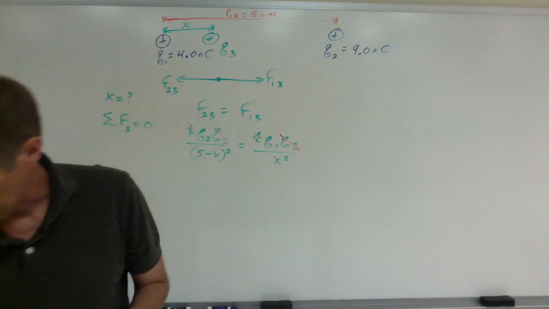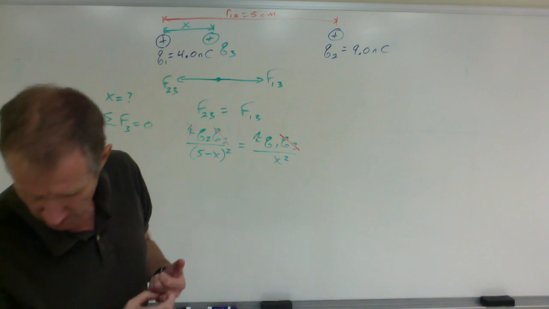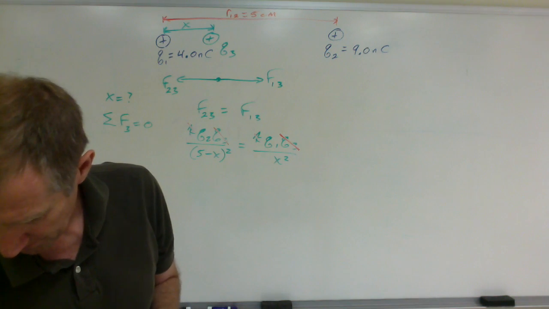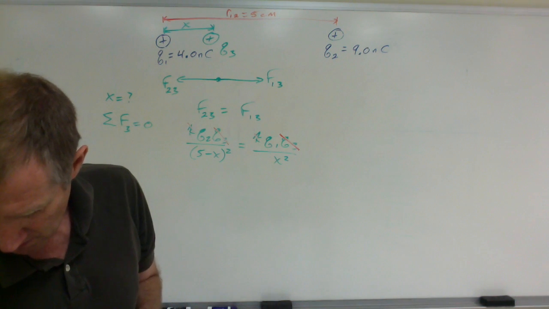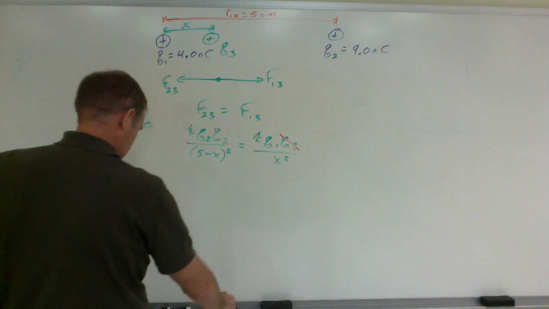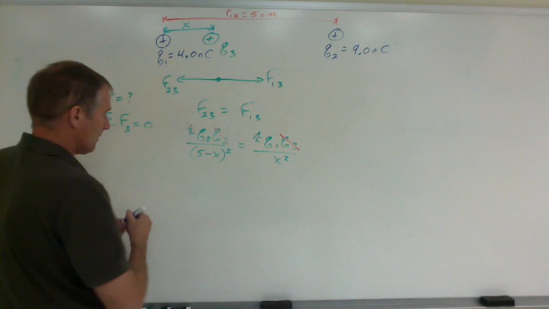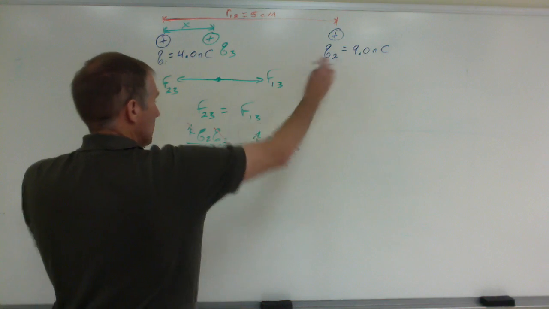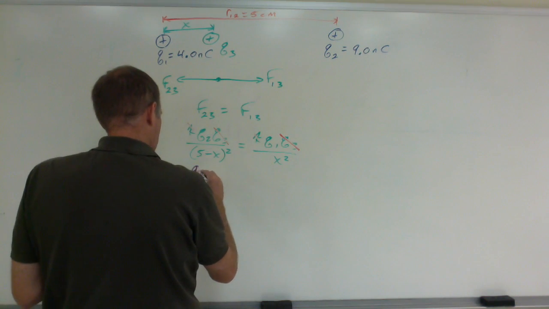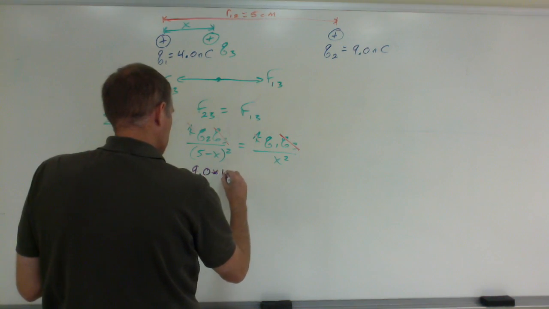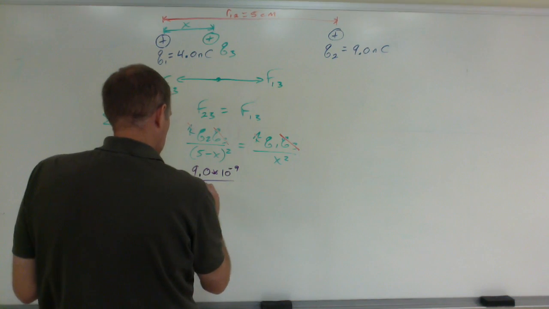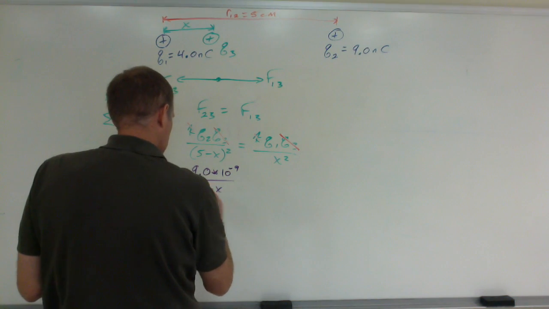Now you can simplify this thing. I'm going to go ahead and put some numbers in here. Q2 is 9 times 10 to the negative 9, divided by 5 minus x all squared.